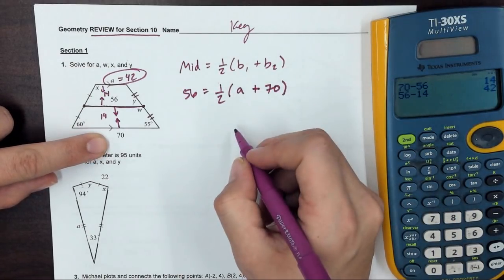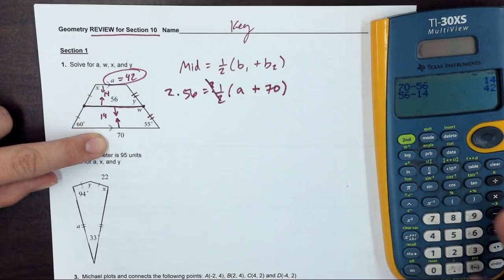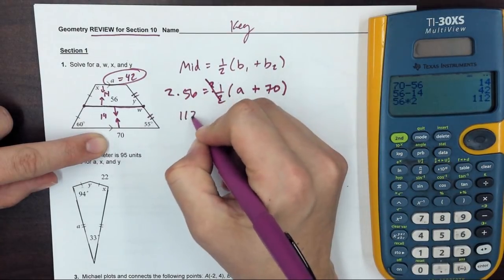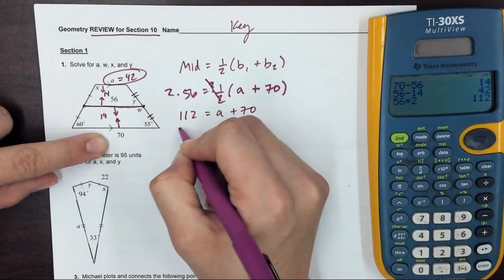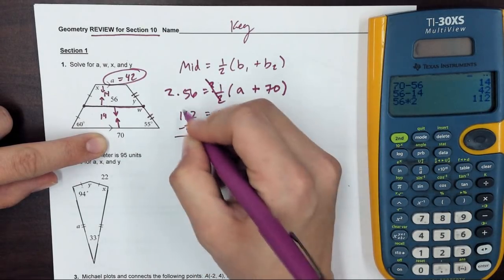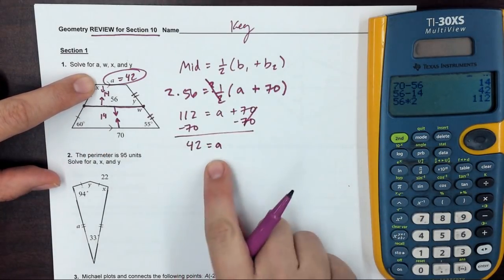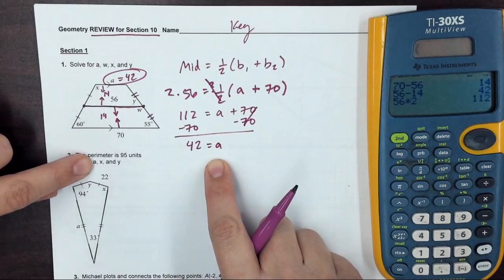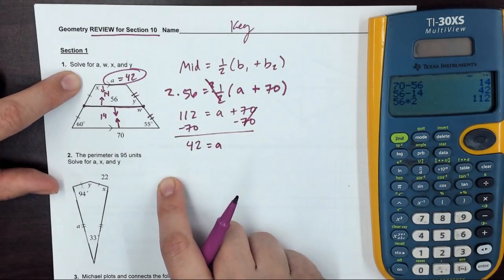If I solve this, I can multiply times 2 on this side and times 2 here. 56 times 2 is 112, equal to A plus 70, and then I can just subtract 70. And we would come up with 42. Oh, look, we got the same thing. So this is the actual method. The other is just a quick trick to get you what you need a little bit earlier. Alright, so then if I want the other angles, fantastic.